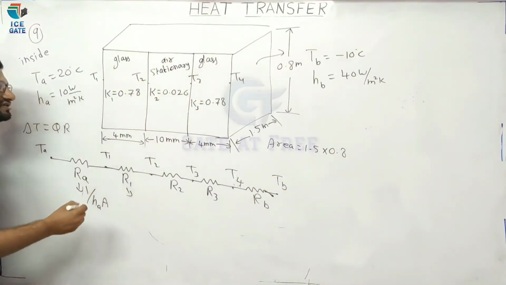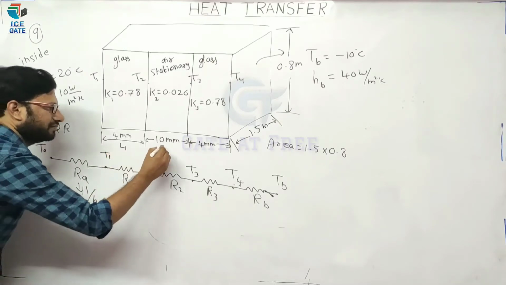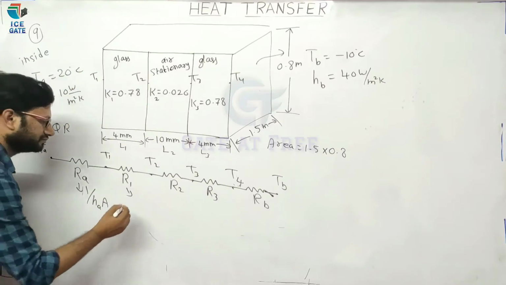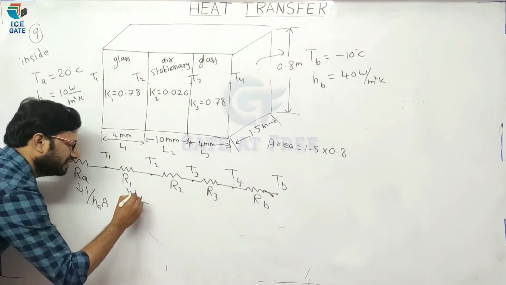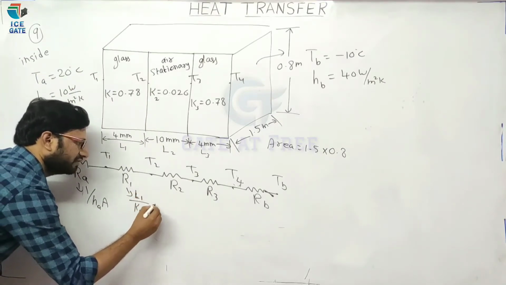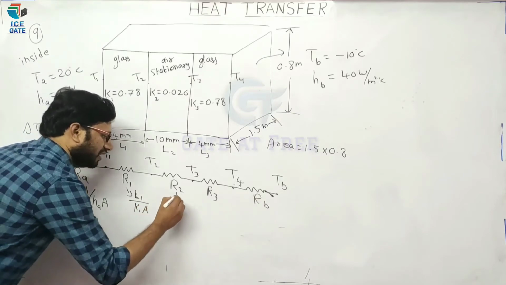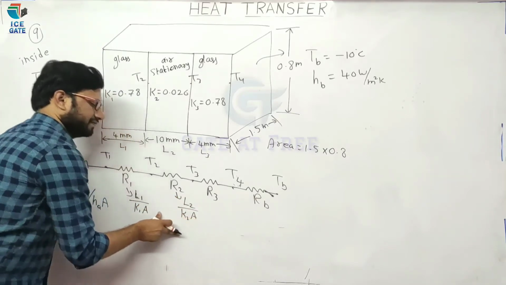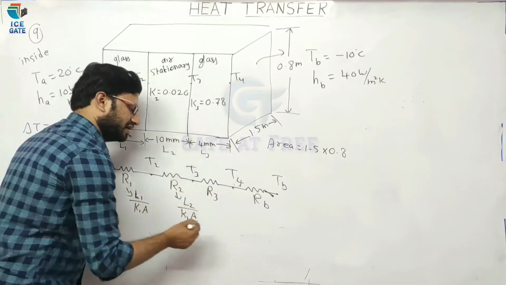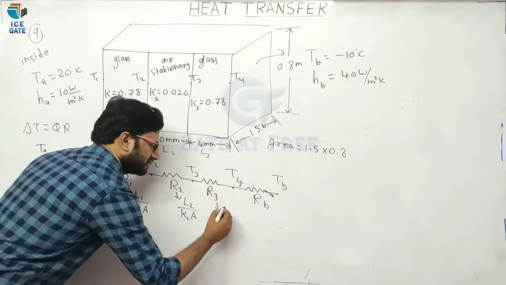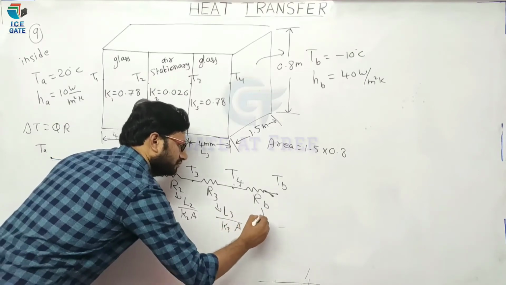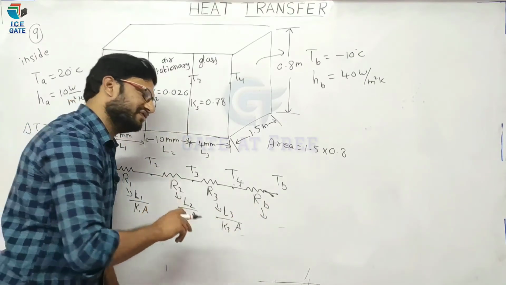Now R1 is L1, this is L2 and this is L3. R1 is L1 by K1 into A. R2 is L2 by K2 into A. Conductive resistance formula is L by KA. R3 is L3 by K3 into A. RB is convective resistance.